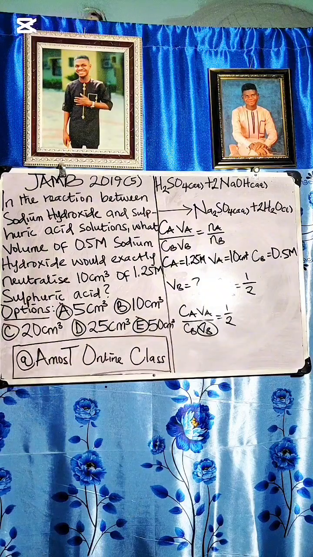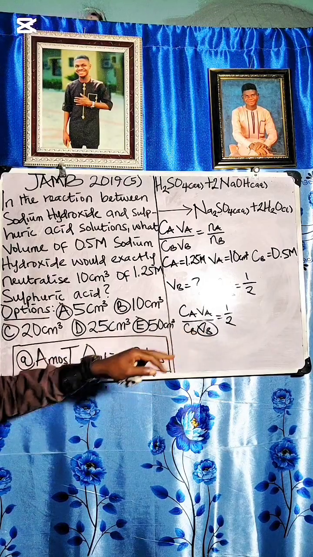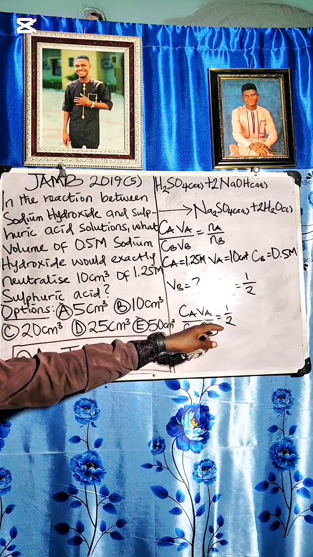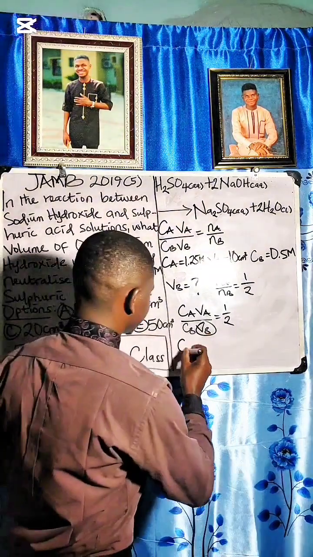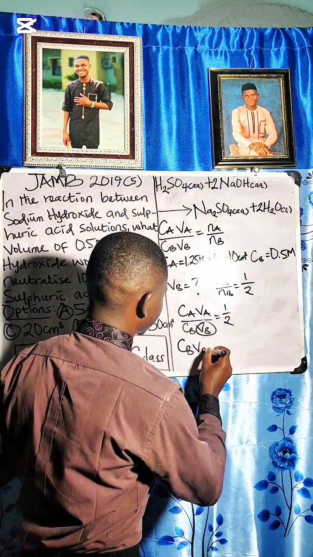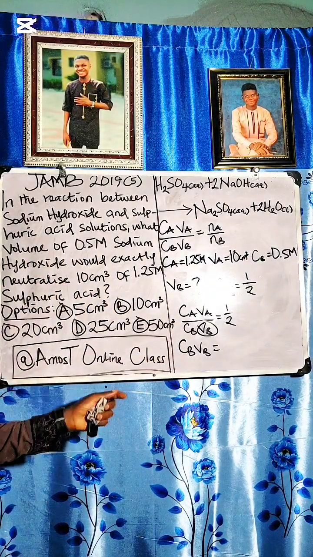Once we cross multiply, we're going to make VB the subject of the formula, and from that we put in our values. So CBVB, that is CB times VB times 1, by cross multiplication gives us CBVB, and we have CAVA times 2.